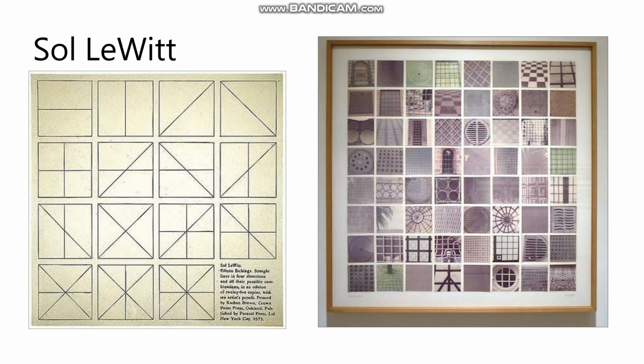Sol LeWitt as well, really going all the way back to the 60s, was making artwork where he was using grid presentation systems. And I think one of the reasons why grids work so well with late 20th century and 21st century contemporary art is because it very much is this idea of displaying artwork in as democratic means as possible, where there isn't a clear sense of, this is the most important.